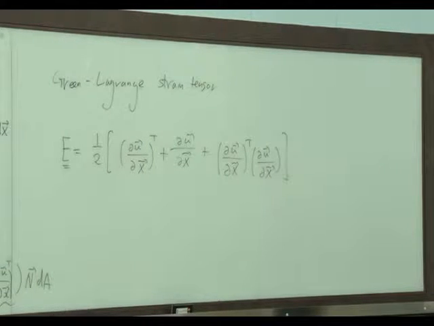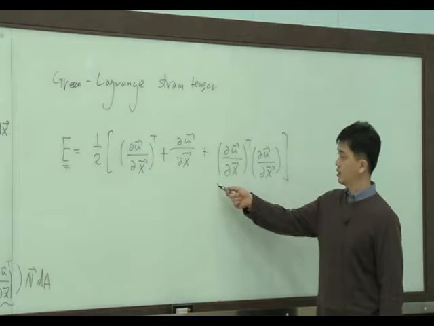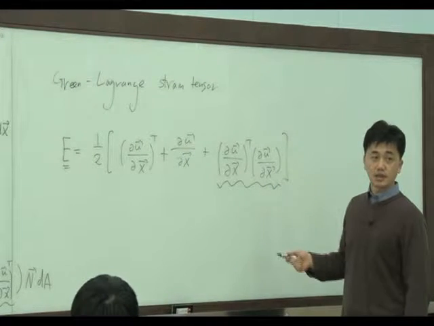This was the Green-Lagrange strain tensor. So if we use the assumption for small deformation, then we can neglect this part.